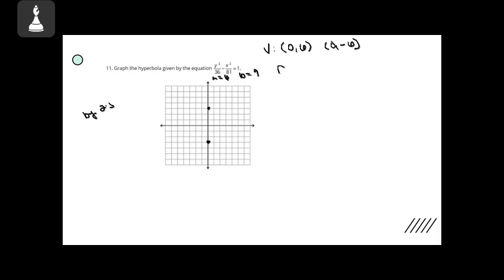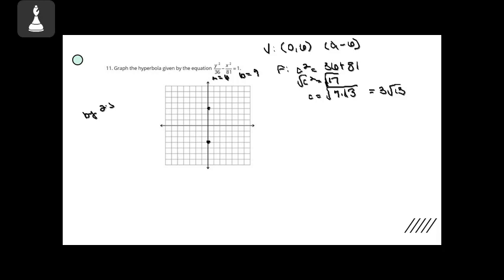Next come my foci. I need to find c squared, which is going to add these two together, 36 and 81. So if I add those together, c squared is 117. And when I square root, this one does actually break down. That's 9 times 13, or 3 root 13.